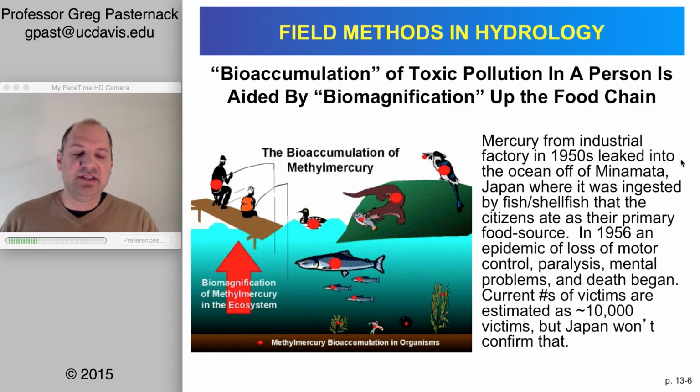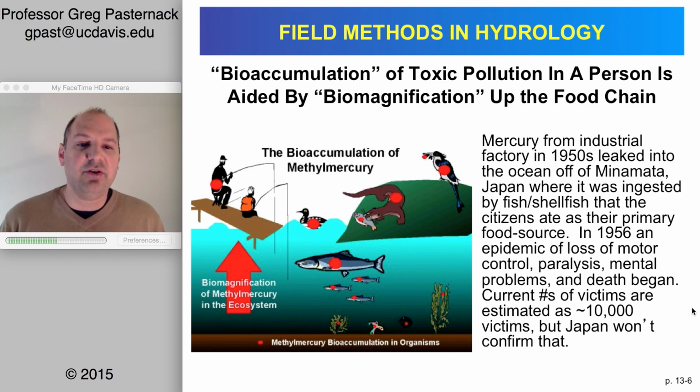And in 1956, there was an epidemic with a whole host of human health problems, including many people dying and suffering other major problems. It's still difficult to know how many people were impacted, but it's estimated to be around 10,000 people.